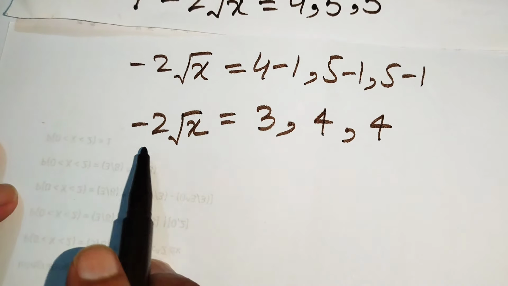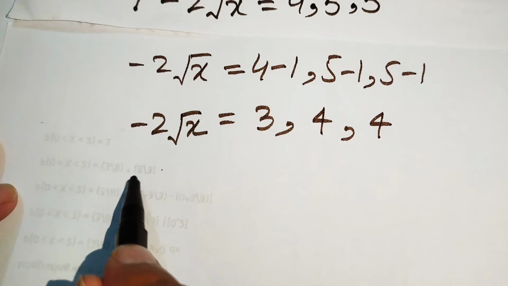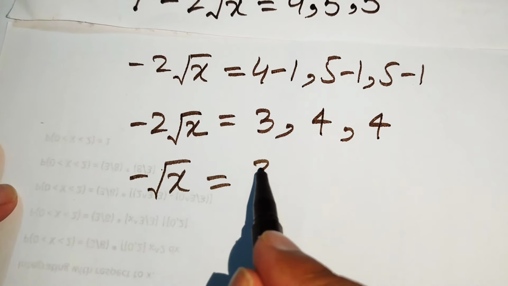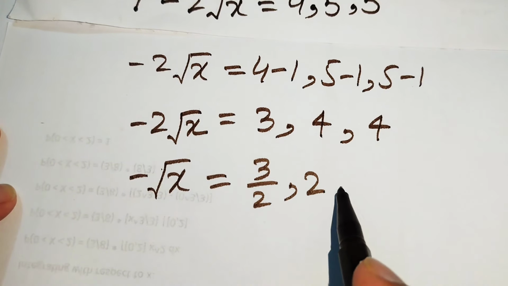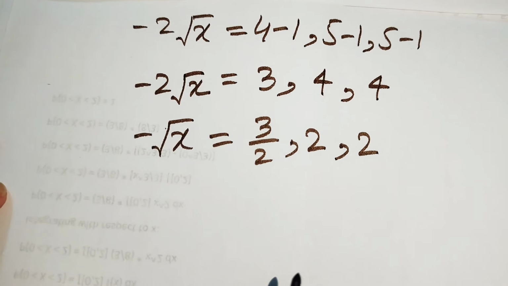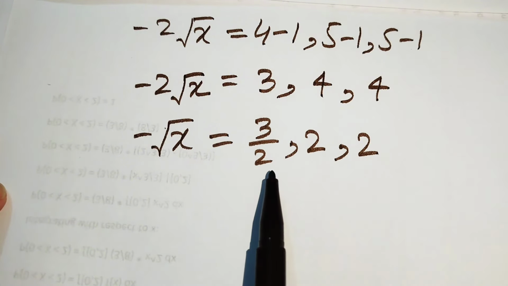Okay, so here you get minus 2 square root of x equals this, and now it is time to move this minus 2 to the right hand side, and it will be written as square root of x equals 3 over 2, and 4 over 2 becomes 2, and 4 over 2 also becomes 2. So in order to find the value of x, we need to square both of the sides.